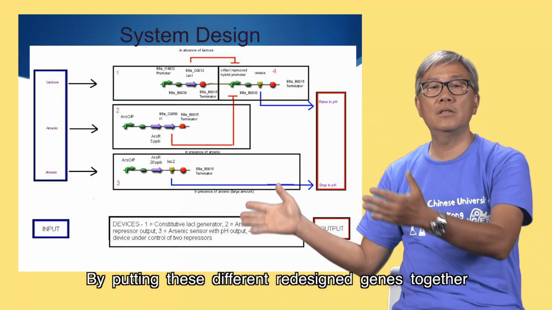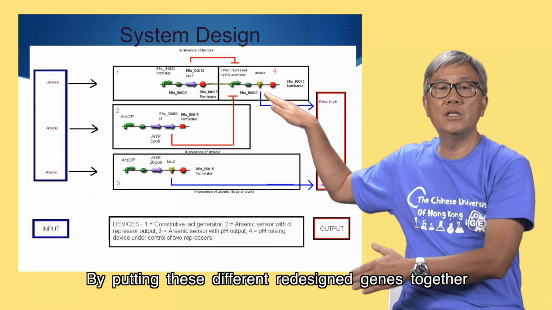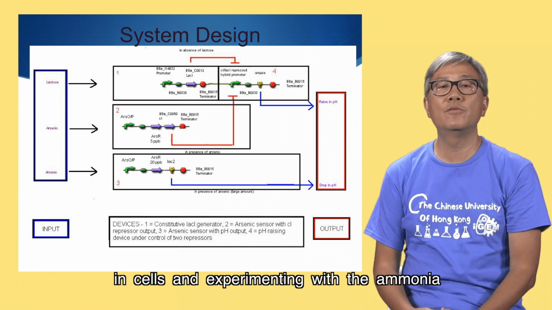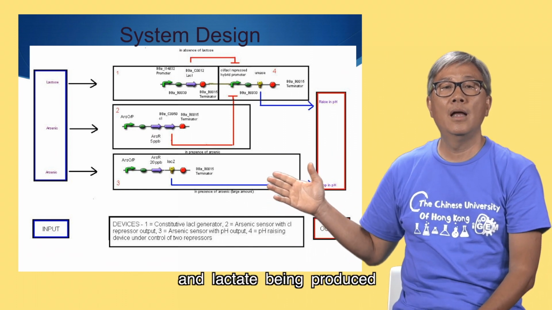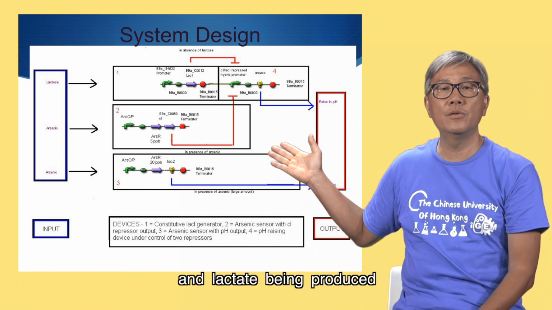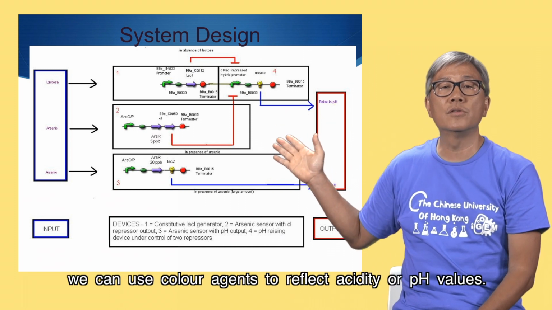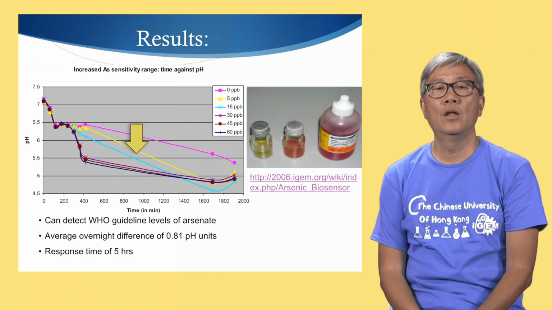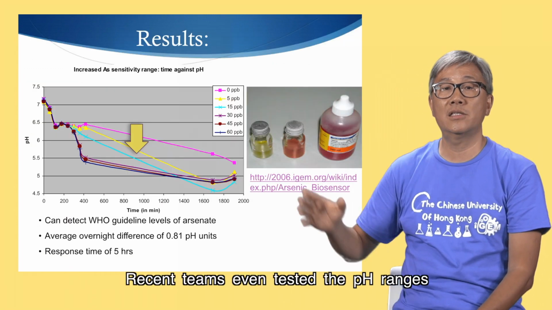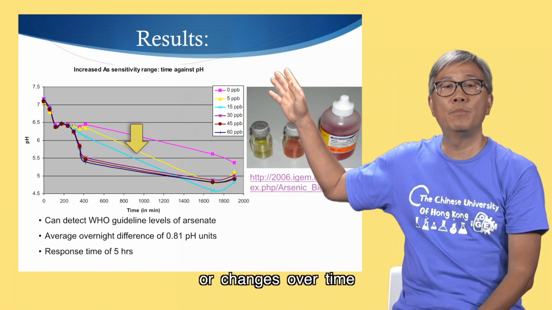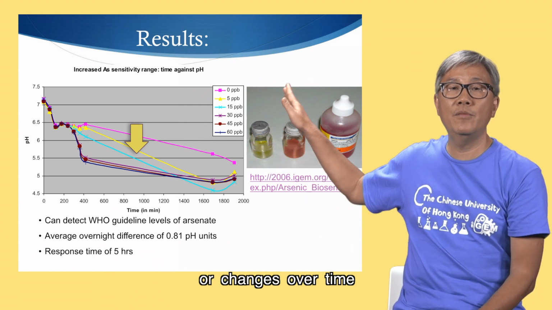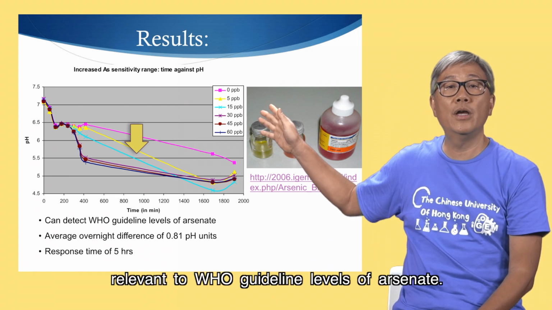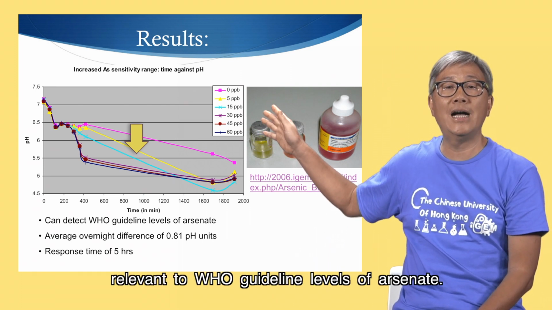By putting all these different redesigned genes together in cells and experimenting with the ammonia and lactate being produced, we can use color agents to reflect acidity or pH values. Recent teams even tested the pH ranges or pH changes over time with different concentrations of arsenic relevant to WHO guideline levels of arsenate.